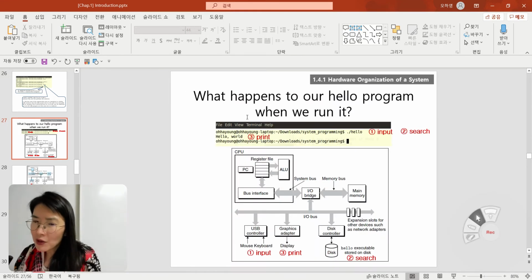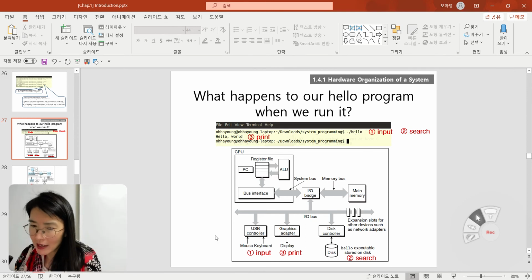So if you compare each step with the figure below, when we input the current directory and execution file with enter, the computer, specifically the shell program, tries to find the execution file on our own disk.